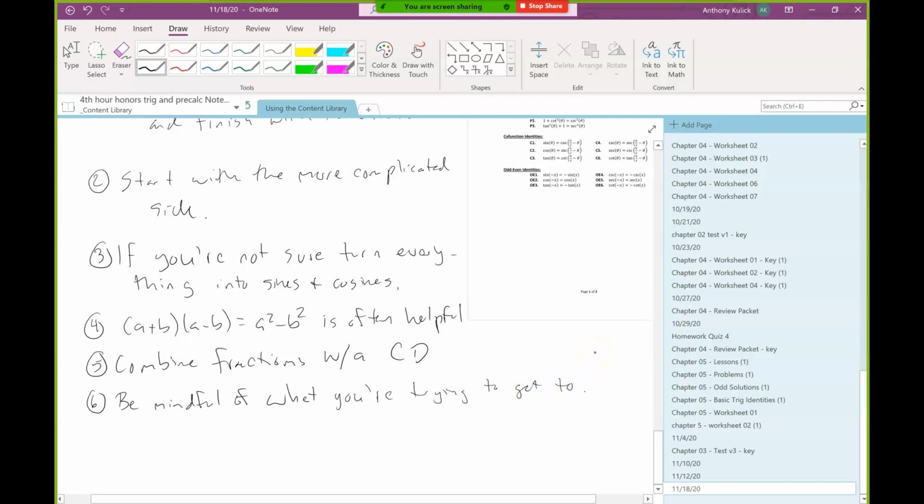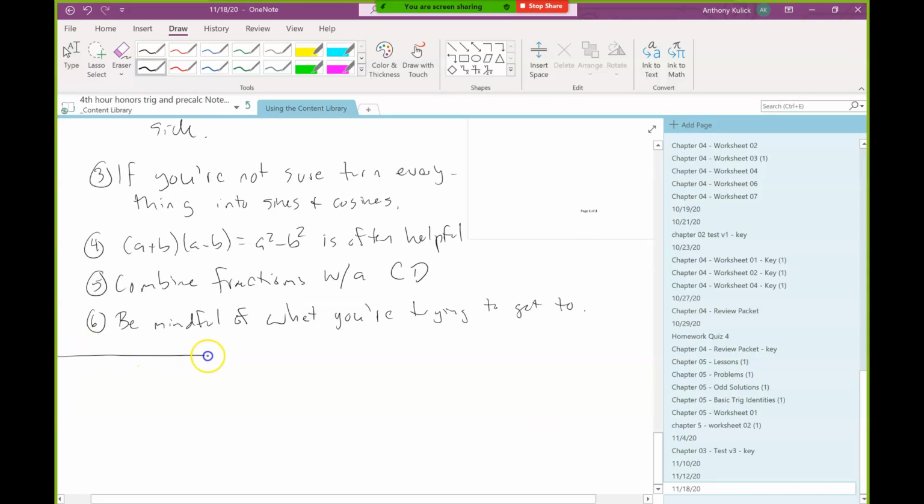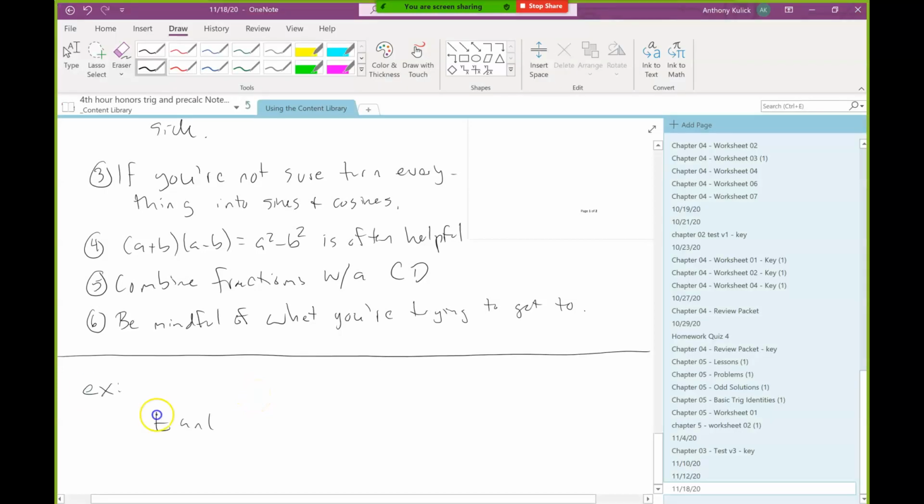And then always be mindful of where you're trying to end, what it is you're actually trying to get to at the end of the day. None of these other than number 1 are requirements. They're just things that could make life easier in doing these.